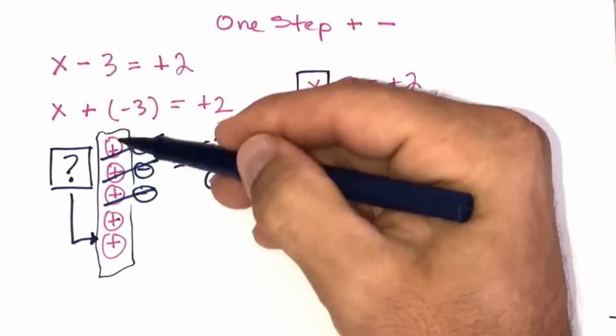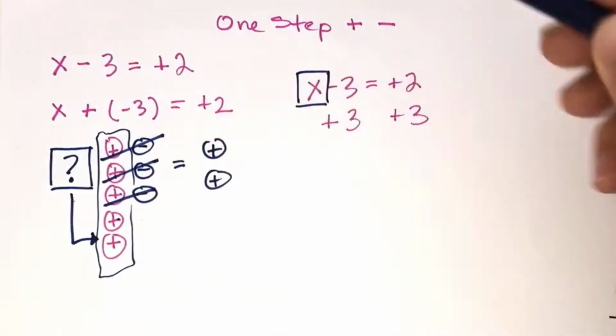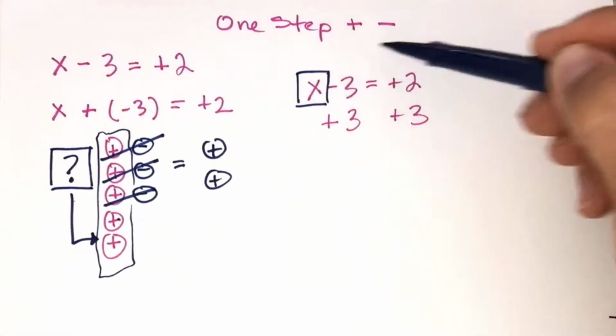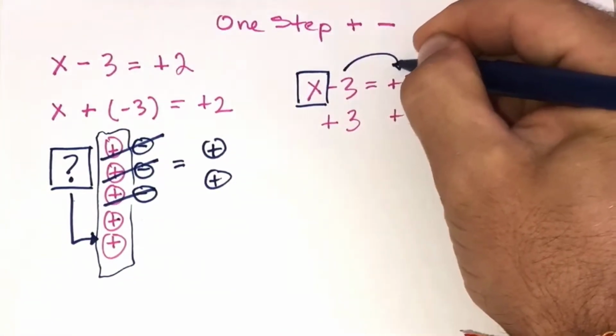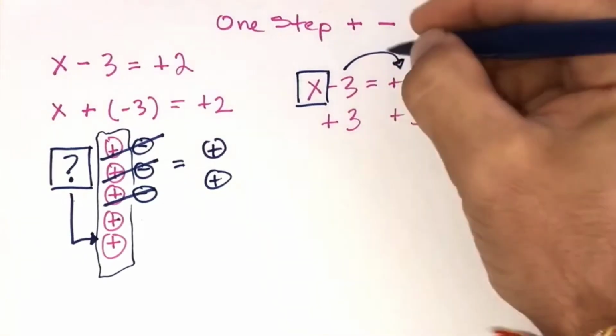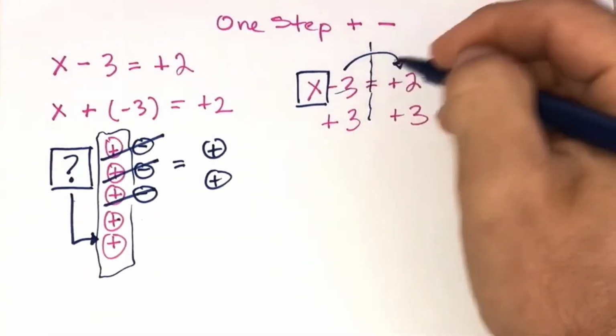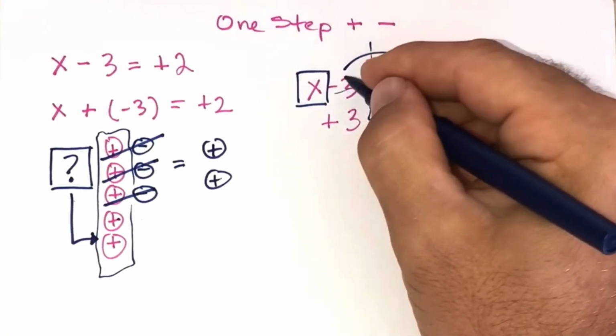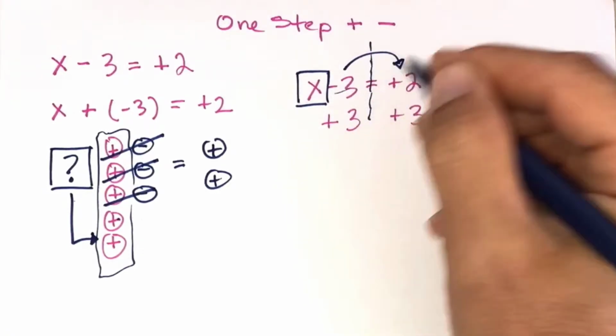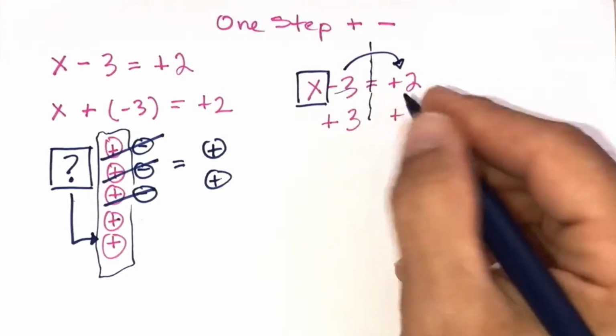So in order to get x by itself, to find out what we need here, we need to move things to what I like to call the other side of the equal sign. We look at this kind of like half court of a basketball gym. We need to move to the other side of the court, and to do that we have to add 3 to both sides.